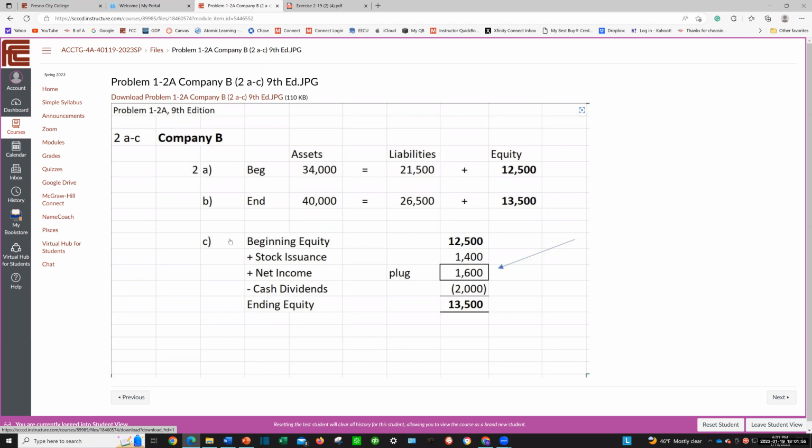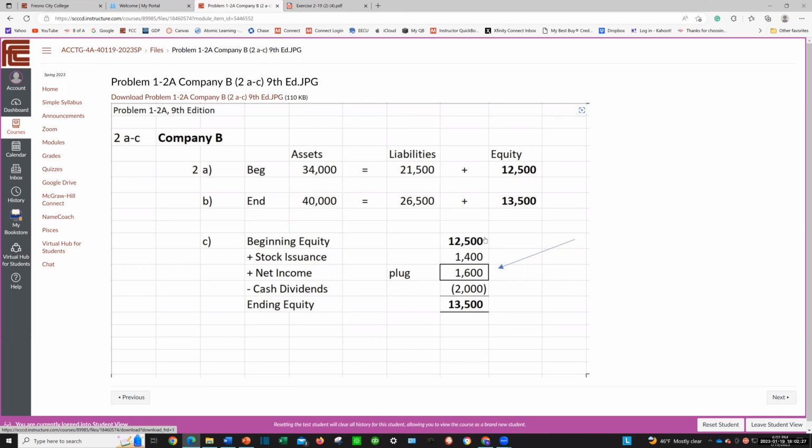In C, they want you to tell them what net income is. They're going to give you stock issuance, and they're going to give you cash dividends. And the thing is, you can't solve for that unless you have beginning equity and ending equity. Well, there's no problem, because in the prior calculations, you figured out that beginning equity was 12,500.